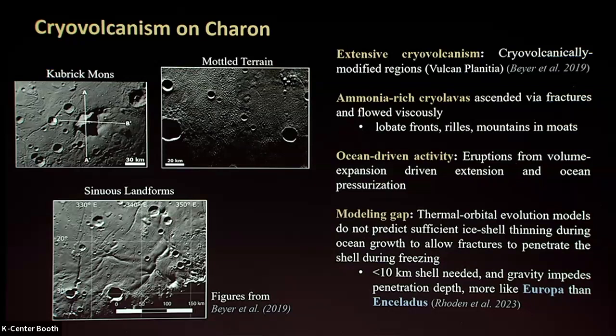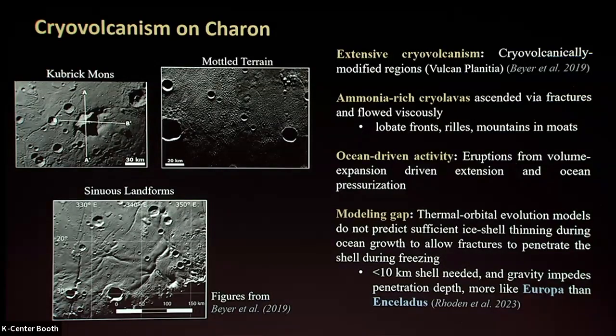The problem for Sharon is that in order to get a fracture to go all the way from the surface to the base of the ice shell, you actually need the ice shell to only be 10 kilometers or thinner. And that's just a function of the gravity and the overburden pressure of the ice shell.